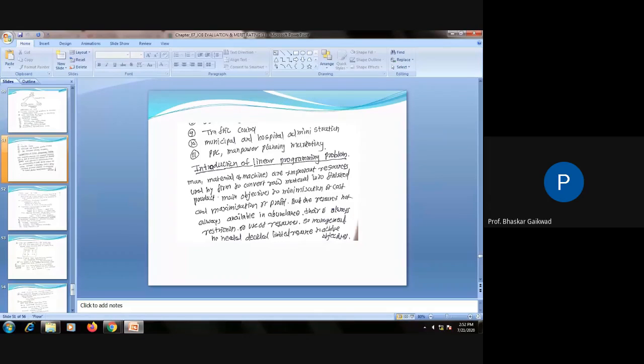It comes in this paragraph. In two words, it is very simple: maximize the profit, reduce the cost. This is actually expected in industry. In every industry, three things are always there: man, material, and manufacturing. With the help of this, we can convert raw material into finished product.